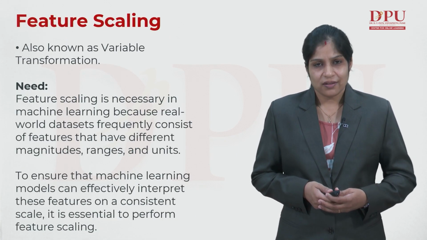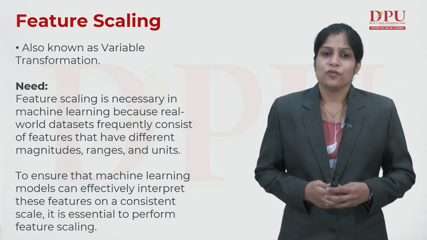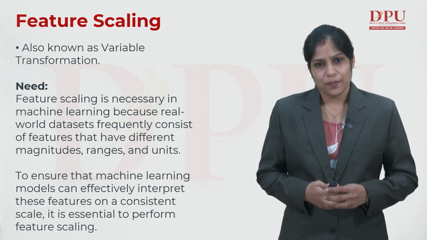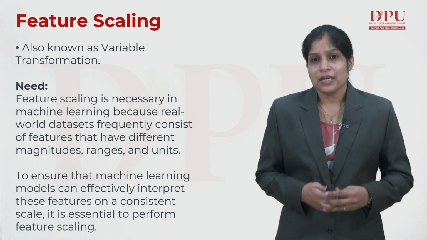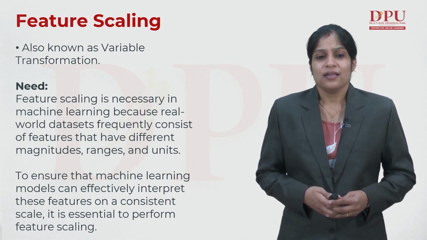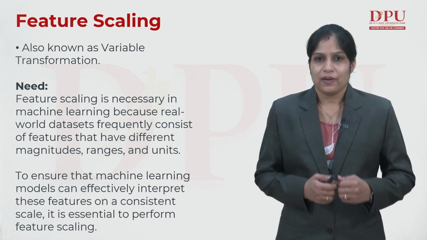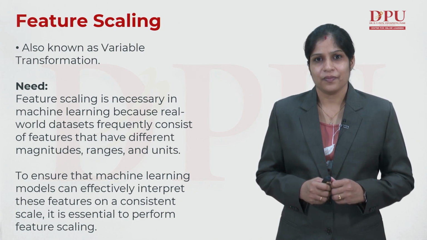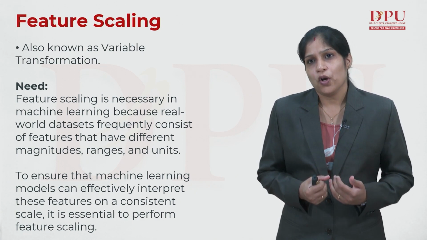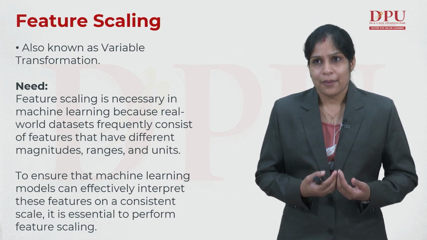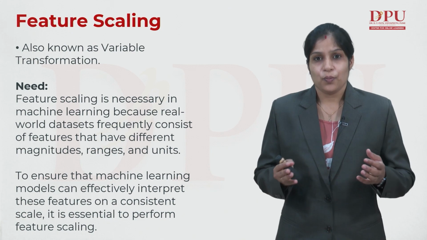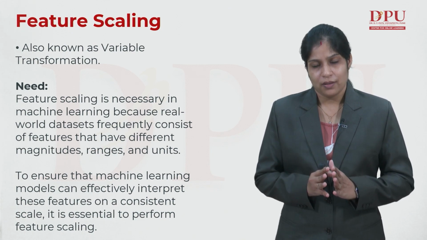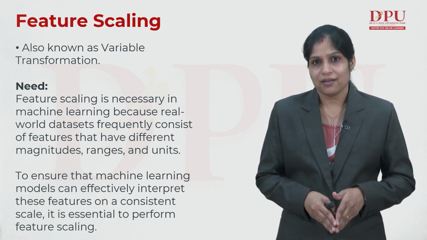Next is feature scaling. Feature scaling is also known as variable transformation. Why is it necessary? Because our real world data set has different magnitudes, ranges and units. So what we want is each of our parameters, each of our columns, to contribute to building a proper model on that specific data set.